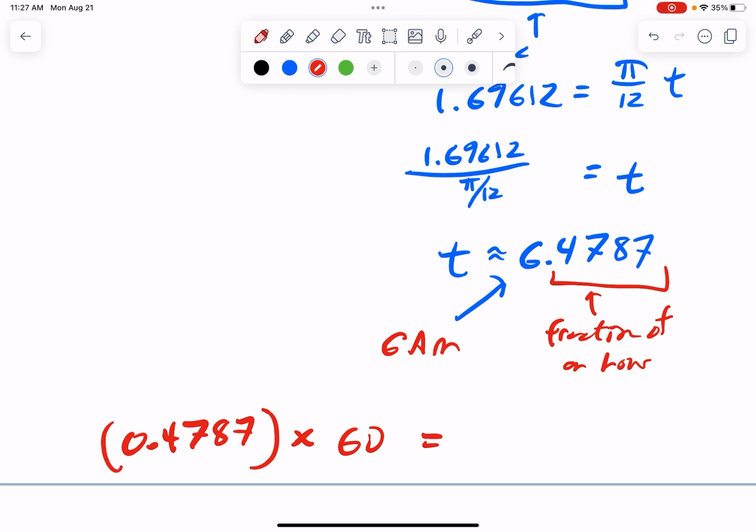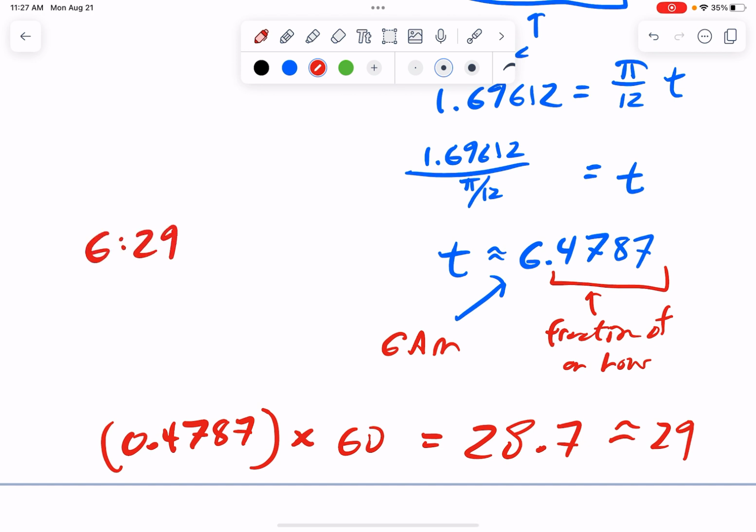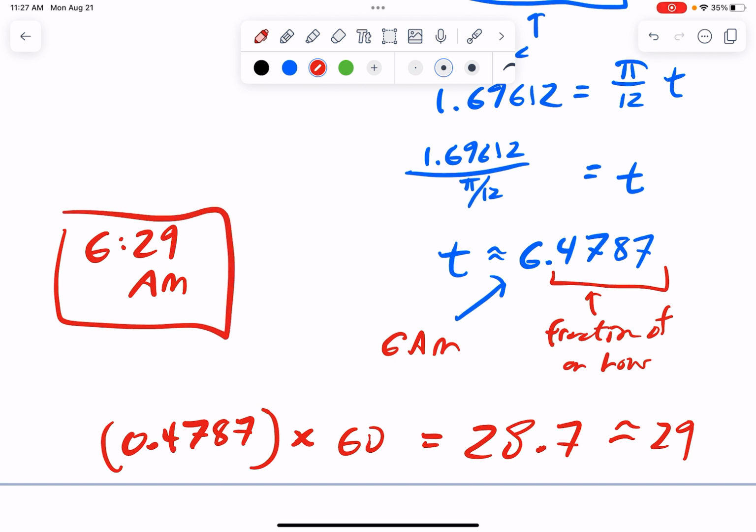That'll sound a lot more normal. So if I do 0.4787 times 60, that comes out to about 28.7. Let's round that to 29. So the answer that sounds most like a normal human answering a question would be, oh, it hits the temperature of 25 degrees Celsius at 6:29 a.m. But we need to do a little bit of work to get it from this decimal to normal time.